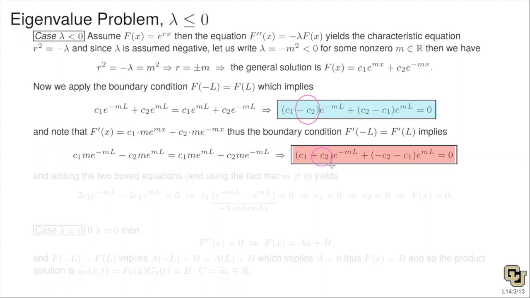The C1 e to the minus ml will double up. I'll get 2 C1 e to the minus ml. And over here on the other side, let's see what cancels. The C2 here will cancel with this minus C2. And so add those and you get this equation right here.